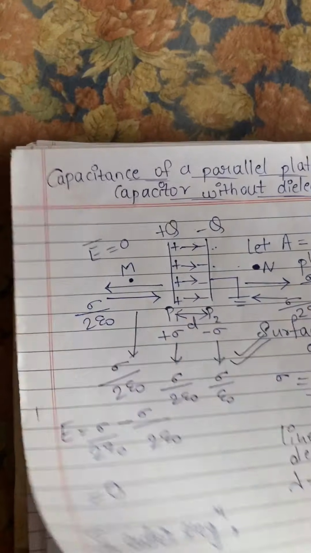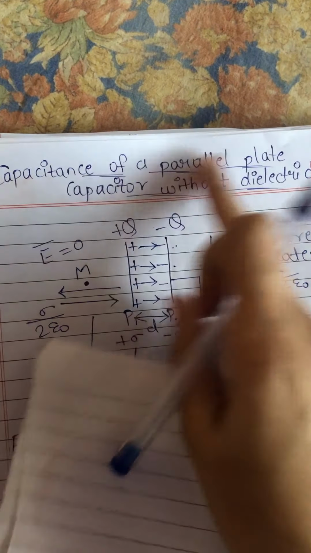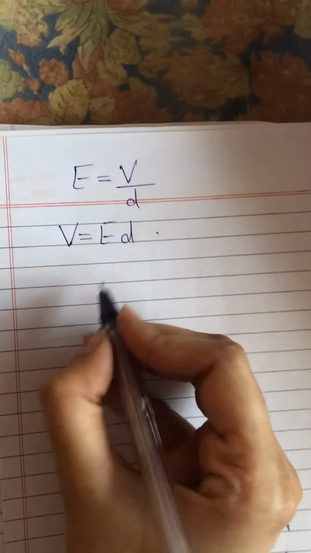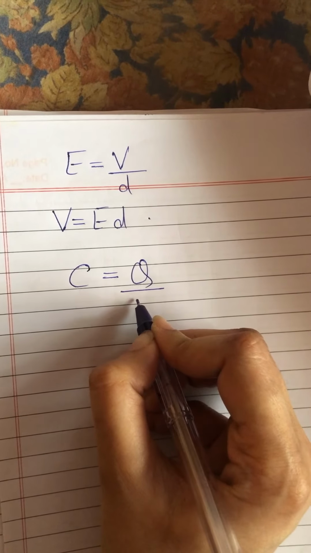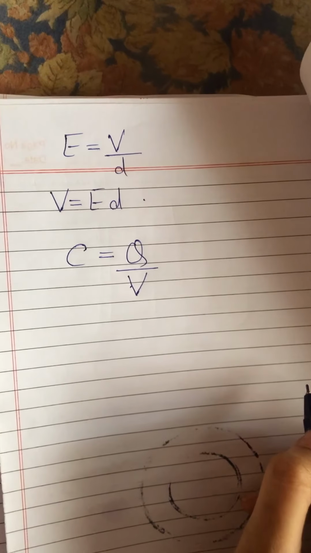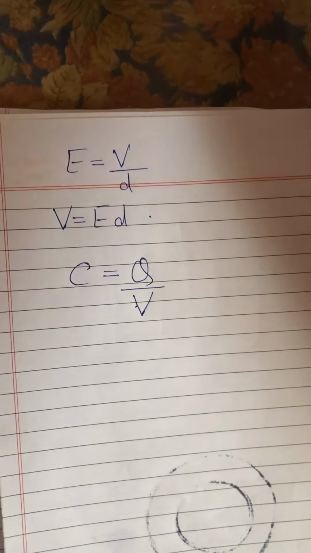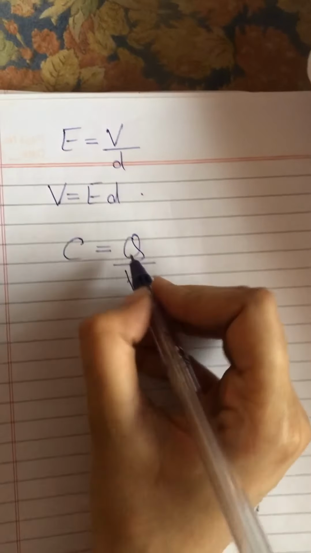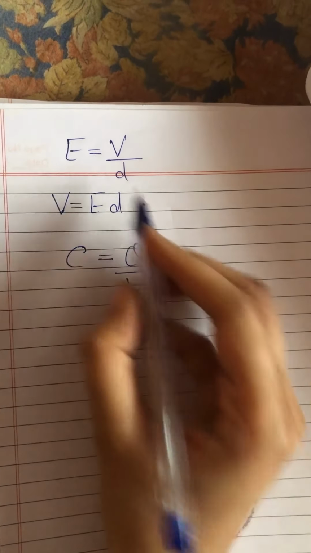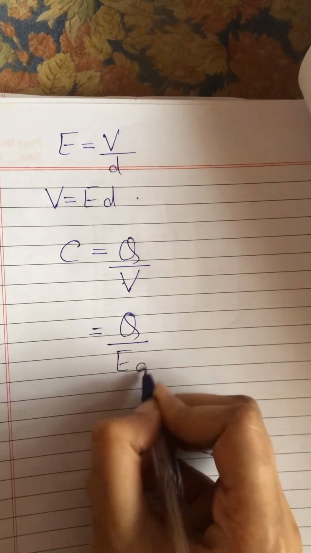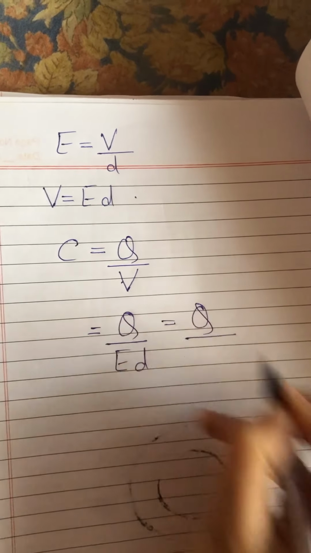Now the main topic is capacitance of this parallel plate capacitor. We have the formula for capacitance, that is charge upon V, right? Charge upon potential. What is potential? E into d. What is E?